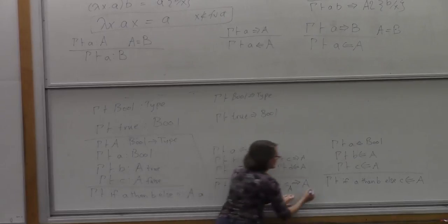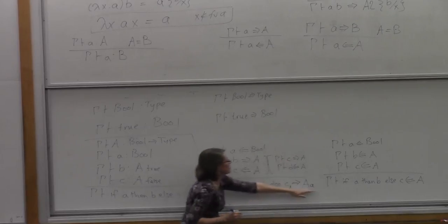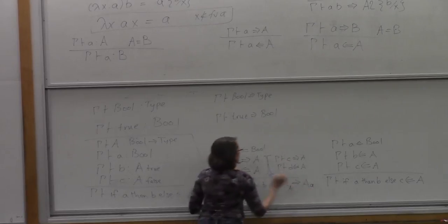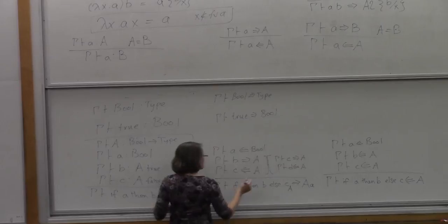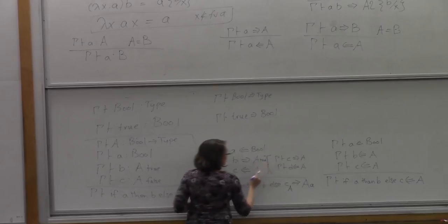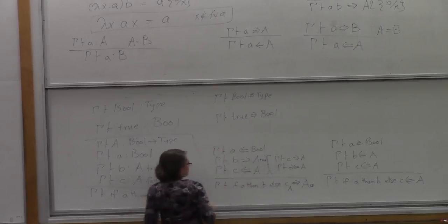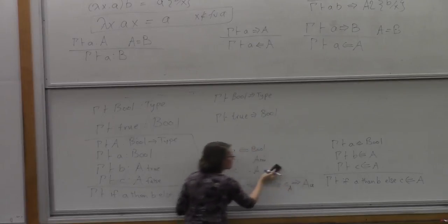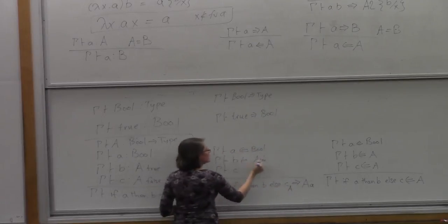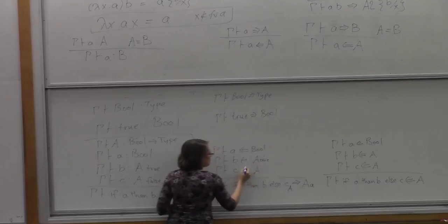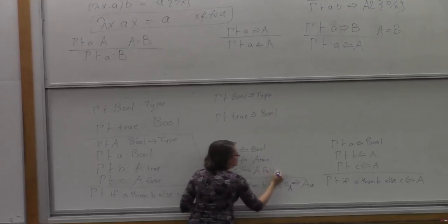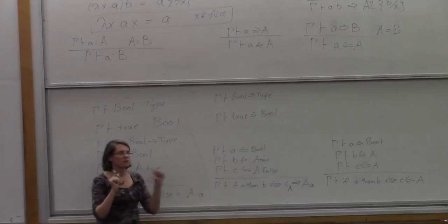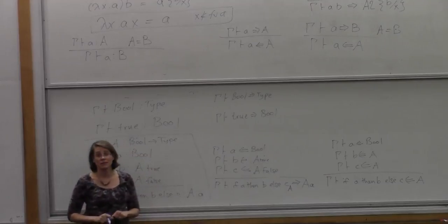And if they annotate that A function, then we could infer that the result is A applied to A, and then here we could do true, and here these actually can both be checking now because the programmer gave it to us, right? So we know that that has to be A true, and that has to be A false, right? So one solution is just require the programmer to give it to us, that A function.